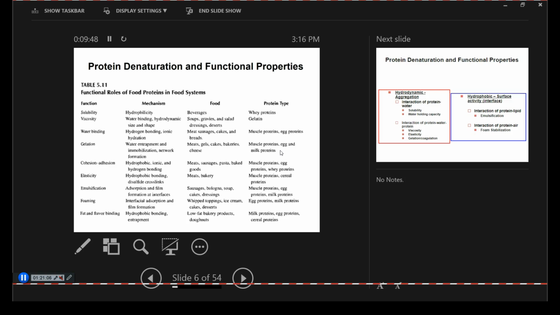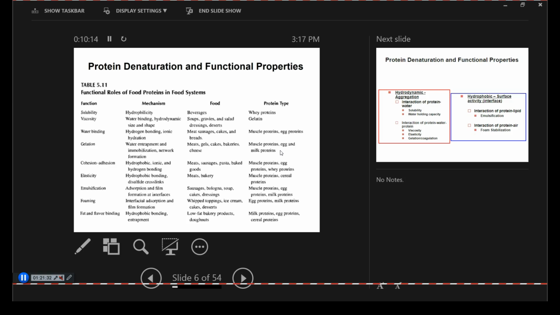But anyway, what I wanted to illustrate, which is a good table to look at and study from, is that if we take solubility, the mechanism that governs solubility is mostly hydrophilicity. Hydrophobicity has an impact on solubility, but what makes a protein soluble is how hydrophilic it is. How much does it like to interact with water?